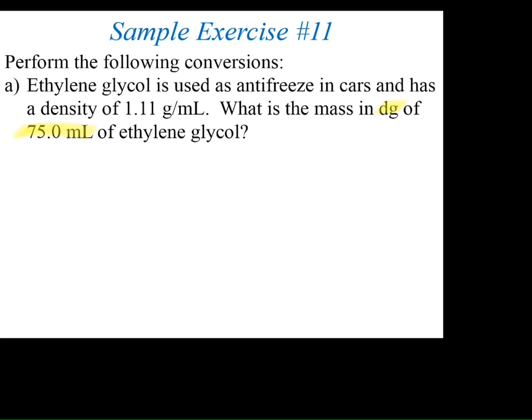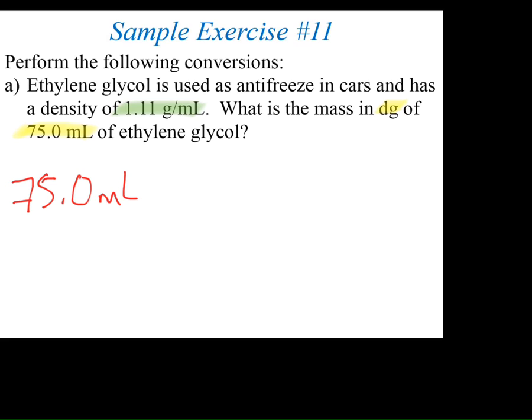And I know that mass and volume are joined by that thing I just showed you called density. And it even gave you the density, right? Wasn't that just so nice of me? So I'll highlight over here in green so you can see it. So here's the density right here. So that converts milliliters into grams. So let's start with what I got, 75.0 milliliters, and my goal is to turn that puppy into decigrams.